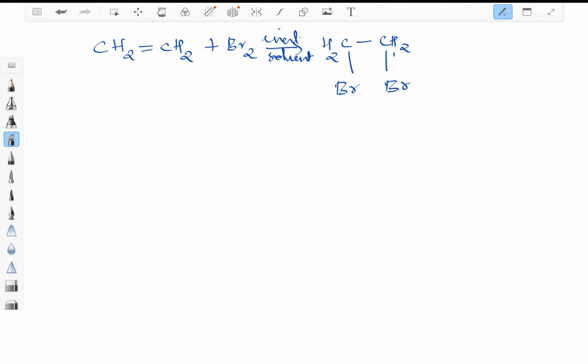This is first position, this is second position, it is one and the same. It is 1,2-dibromo. How many carbons? Eth, single bond, ethane. So 1,2-dibromoethane.